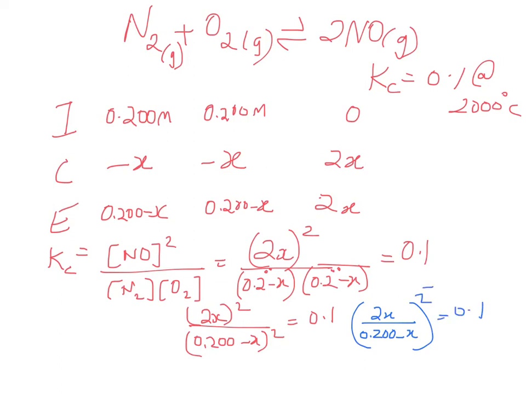So if you take the square root of both sides, you would be able to say that 2x divided by 0.200 minus x is equal to the square root of 0.1, which came out to be 0.316. And now we simply solve for x.